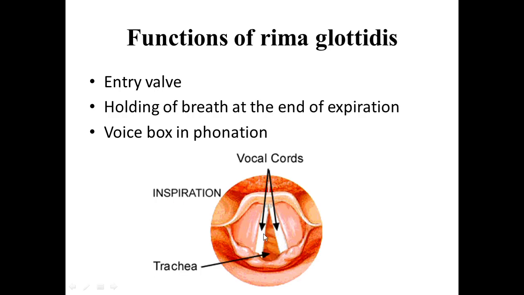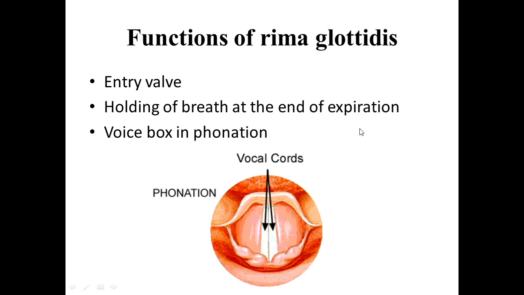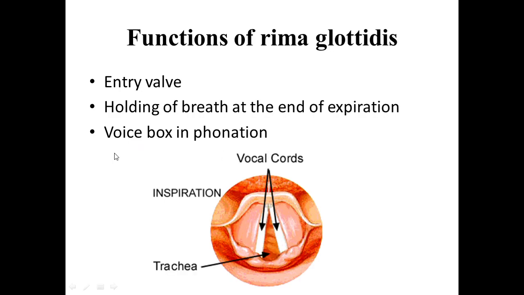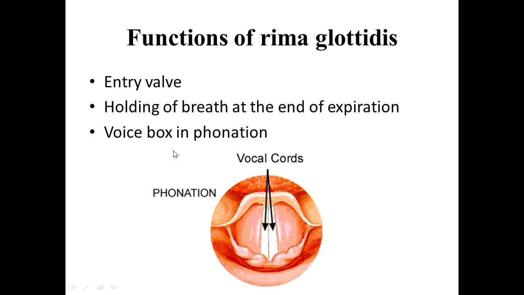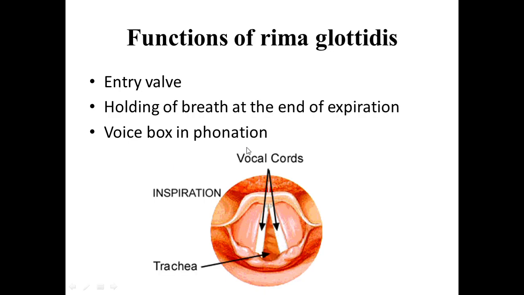So one can hold the breath at the end of expiration for a while. So the rima glottidis prevents the air entry at the end of expiration and it also acts as a voice box in phonation.